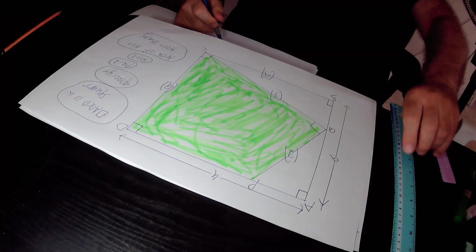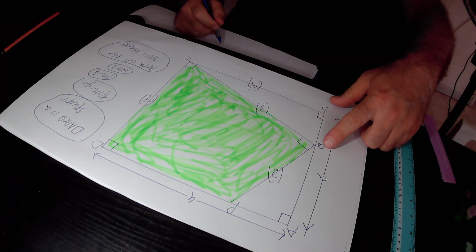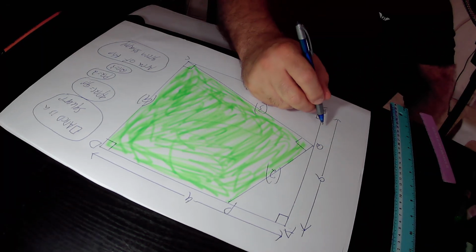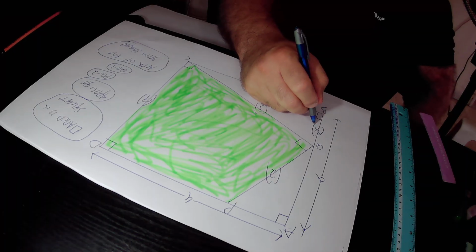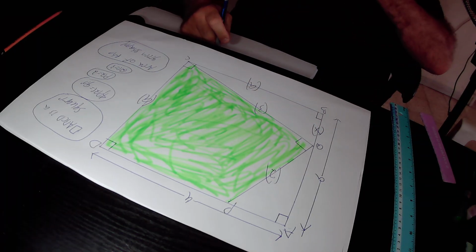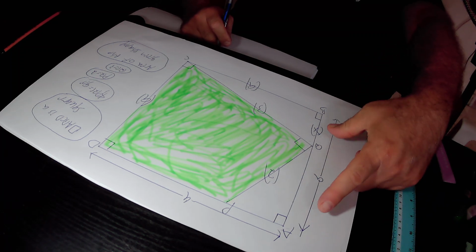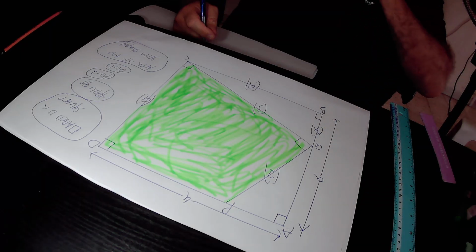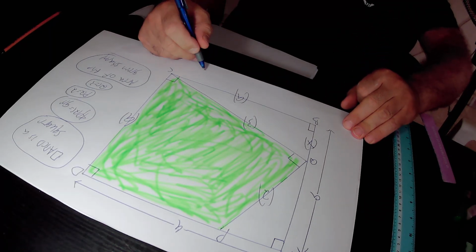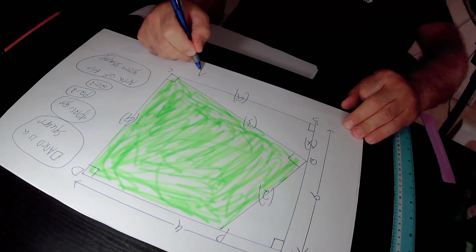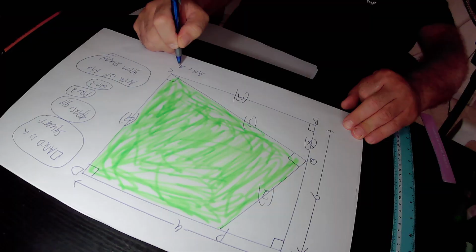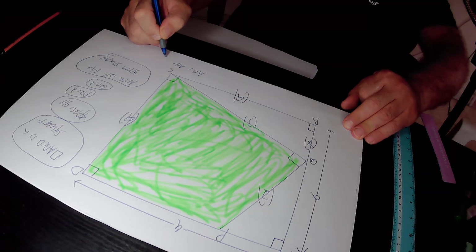In the next step, we define this line segment QB as X. So what is the length of the missing line segment AQ? From the drawing it is very easy to see that AQ equals AB minus QB.